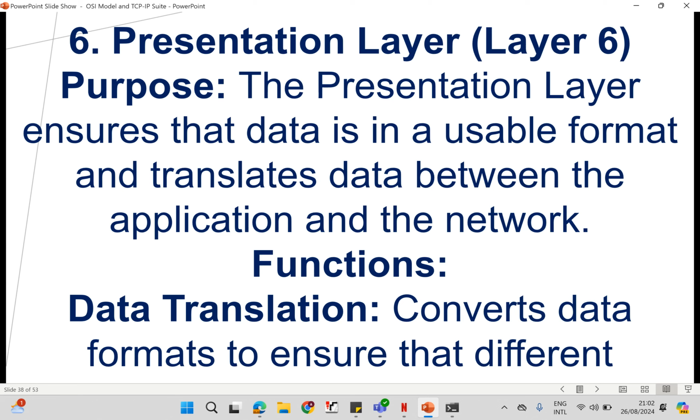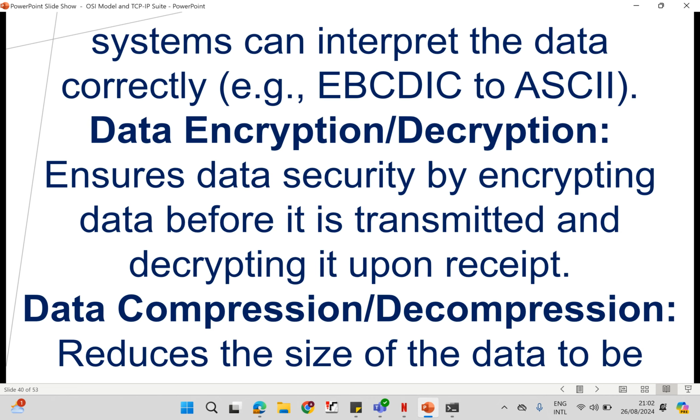So are you talking about PDF? Are you talking about JPEG? The way you want it to appear. So functions, we said data translation. So it converts data format to ensure that different systems can interpret the data correctly, e.g. EBCDIC to ASCII.